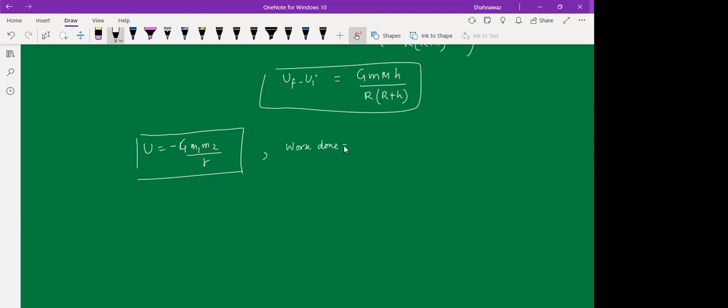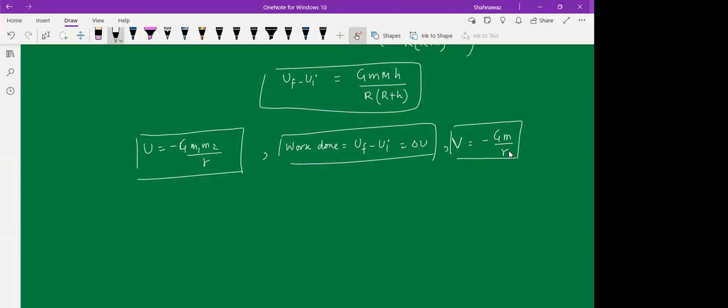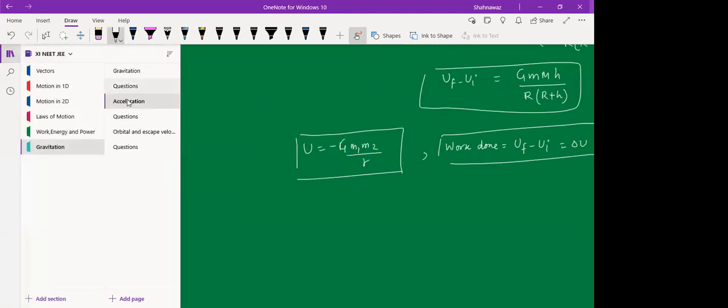Work done in moving an object from one place to another place. So that is final minus initial potential energy, that is delta U. And the third thing that we talked about was gravitational potential, and this was simply minus GM by R. So that was the gravitational potential. So remembering these things, now let us do the rest of the questions.